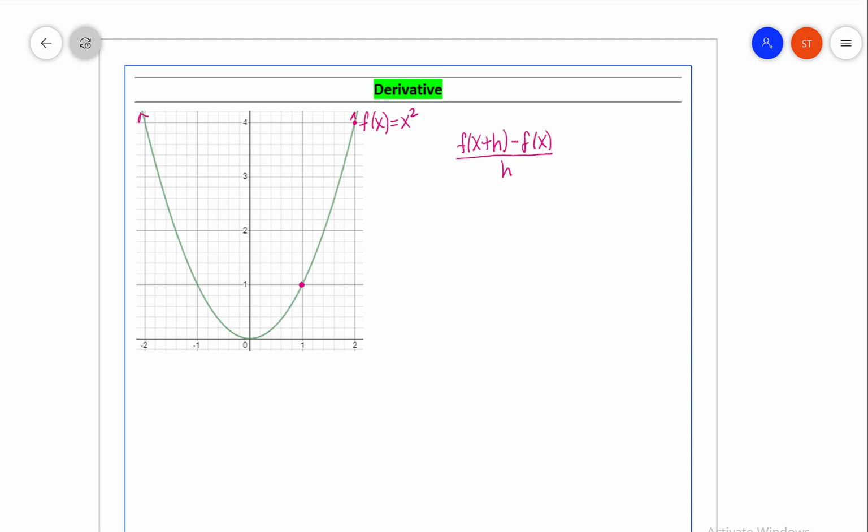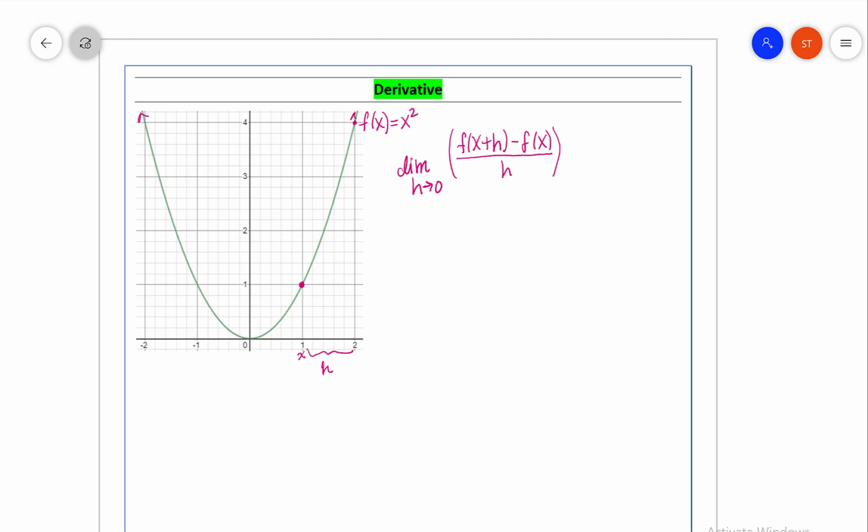Now, if we start off with x equal to 1, think of this as the x here. So this is the x is 1. And then going from 1 to 2, that's like the h. So for this problem, going from x from 1 to 2, this h here is 1 unit. When we're trying to find the derivative, what we're doing is we're taking the limit as h approaches 0 of all of this.